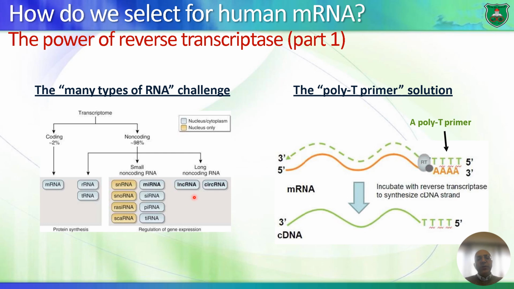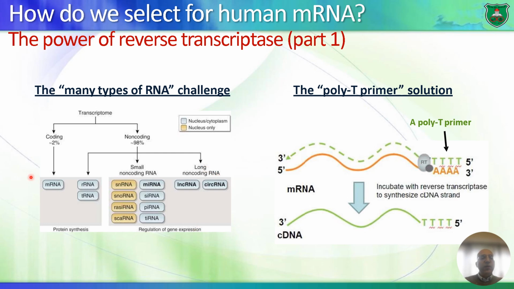Now, I did mention circular RNA briefly. Nothing much to talk about so far in terms of circular RNA, its nature and what it does exactly. Now, we have the small non-coding RNA molecules. We have the microRNA. We talked about the microRNA in our previous lecture. So we have all of these RNA molecules.